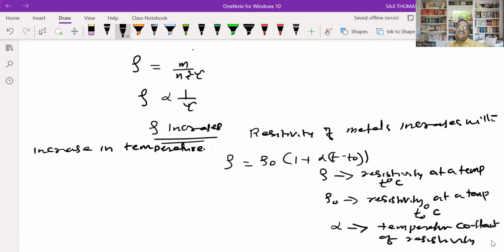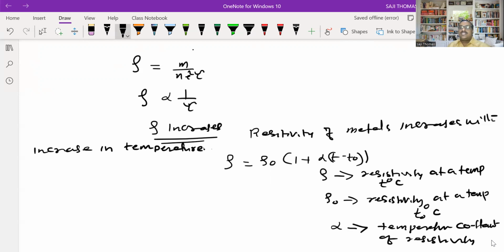For different materials, it is different. For a given material, it is constant. Its value also depends on temperature. So alpha is the temperature coefficient of resistivity.